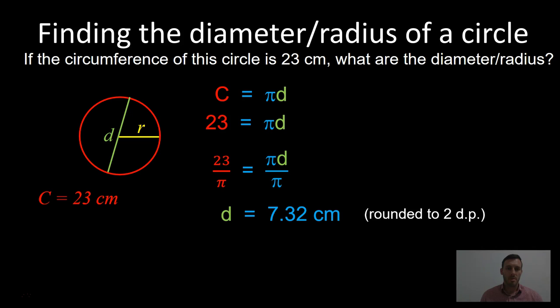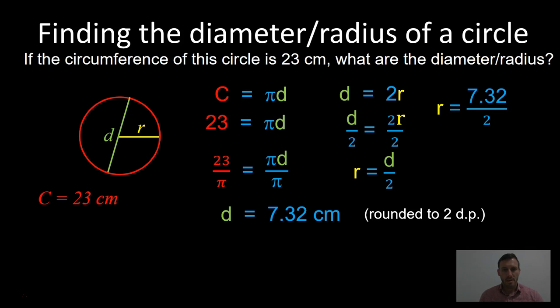This is rounded to 2 decimal places. We know the diameter is 2 times the radius, so if we divide both sides by 2, the radius is equal to the diameter divided by 2. So the radius is 7.32 divided by 2, which is 3.66 centimeters.